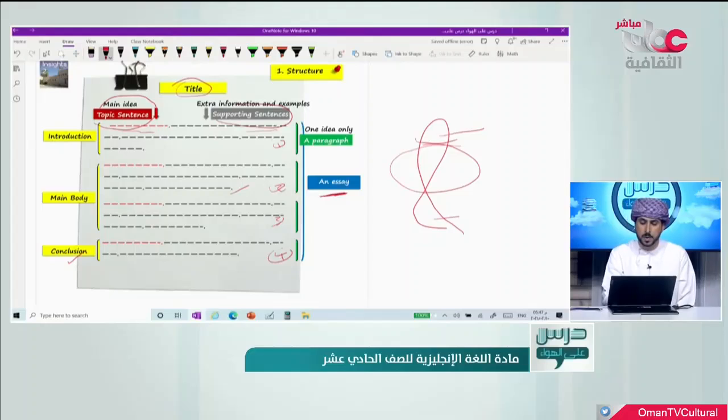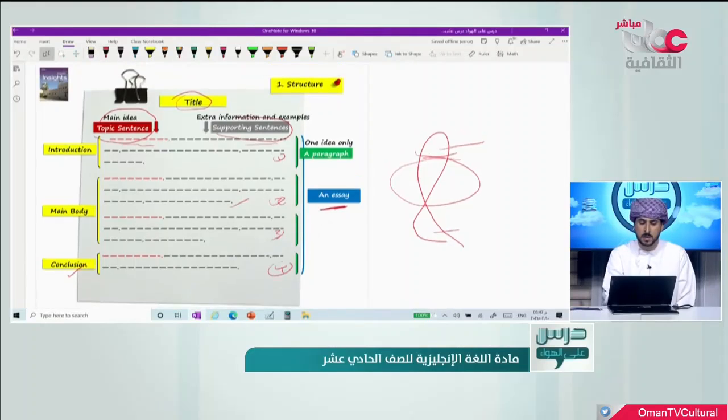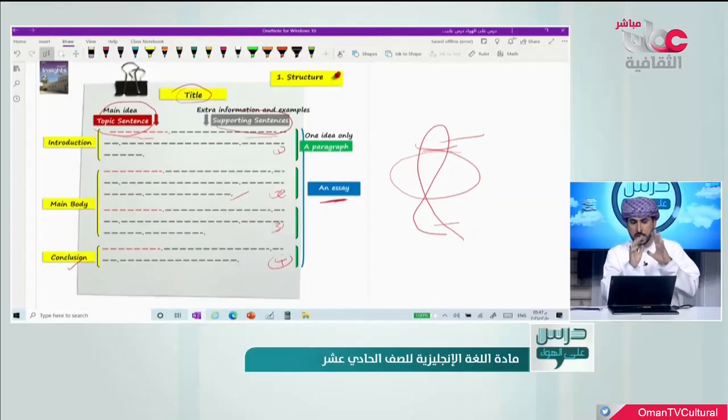Okay, so this is the main structure or layout of our essay. I wish it is clear and you've got the idea of this one. Let me just summarize it in 1 minute. This whole page is called an essay.